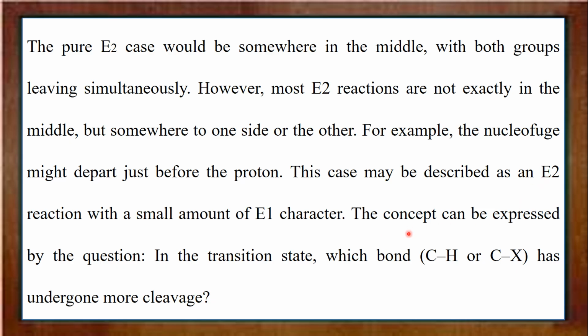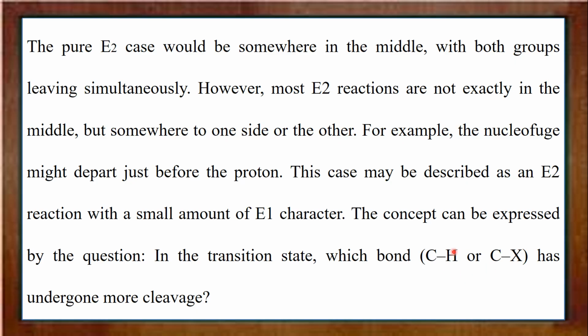So this concept can be expressed by a question. In the transition state, which bond, either the beta carbon hydrogen bond or the alpha carbon nucleophile bond, is undergoing more cleavage? If the CX bond undergoes faster cleavage, that E2 reaction is closer to the E1 end.